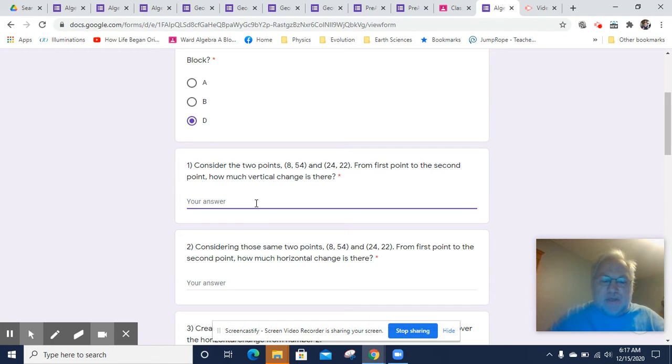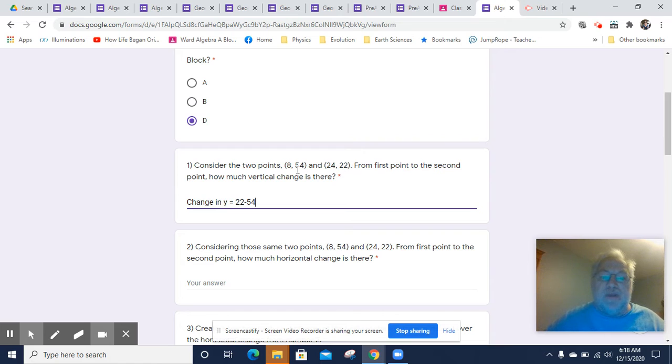So the vertical change, or change in y: if I want to know how much it changes from 54 to 22, what I'm really doing is 22 minus 54, because we're getting the difference.